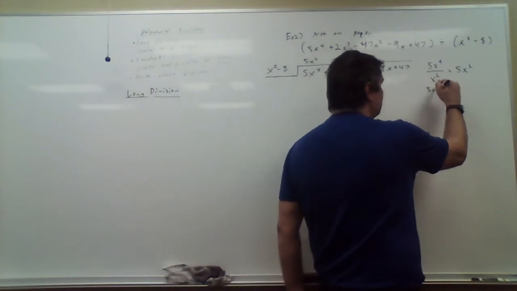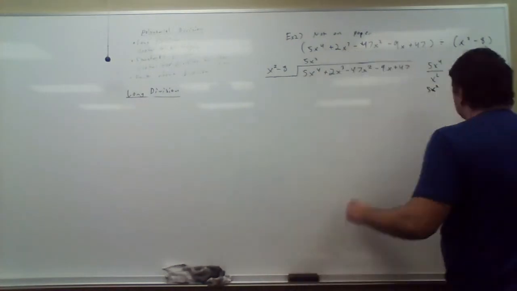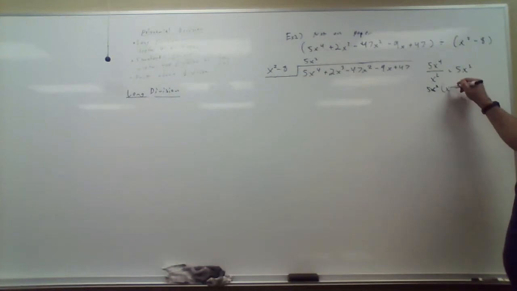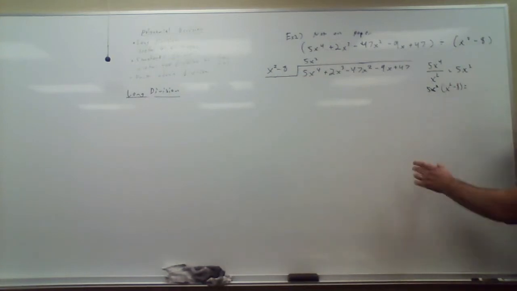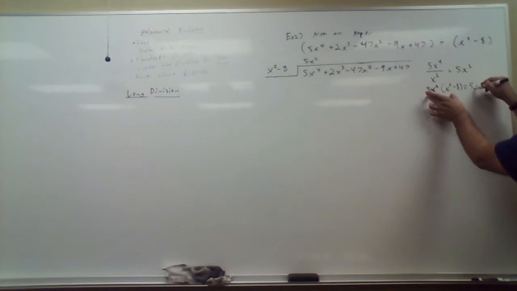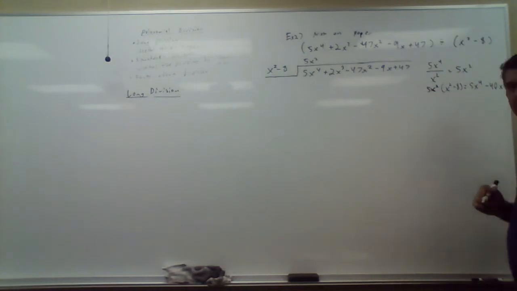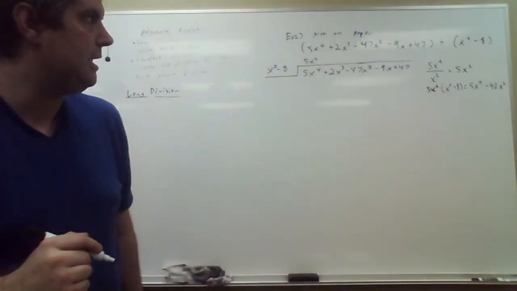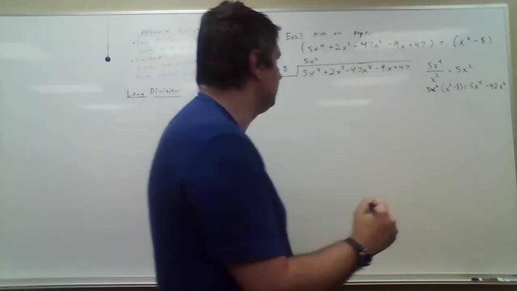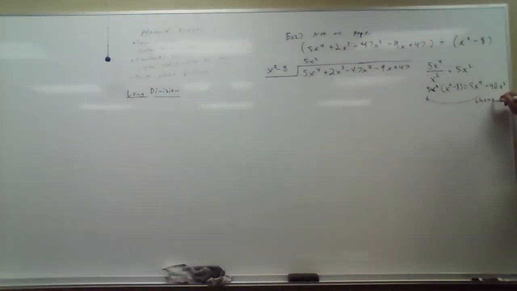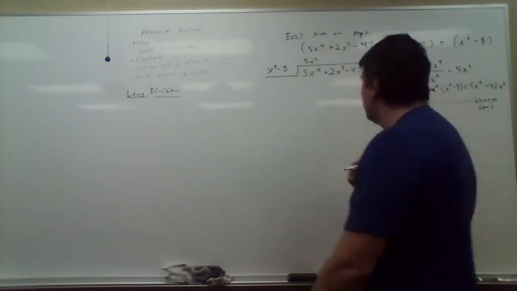You will take that 5x squared and multiply it by the divisor, x squared minus 8. And you will get 5x to the fourth minus 40x squared. And then we will change the signs and add.